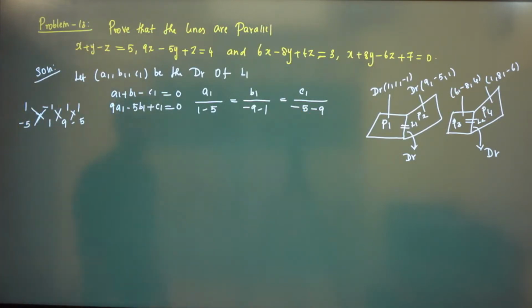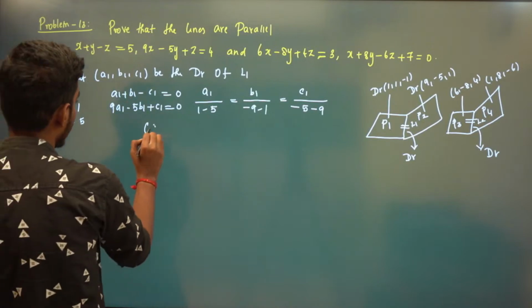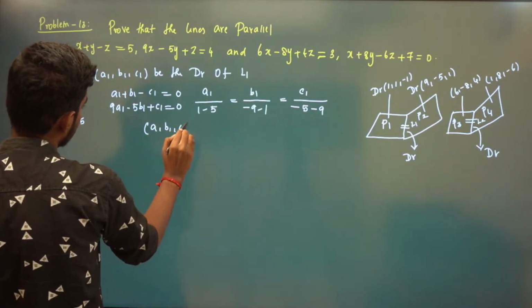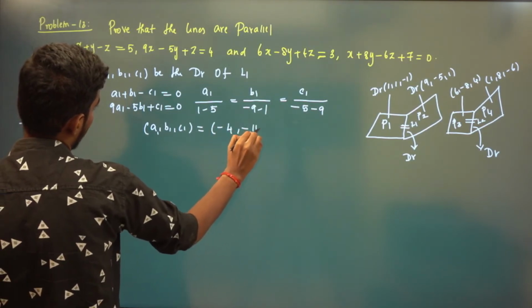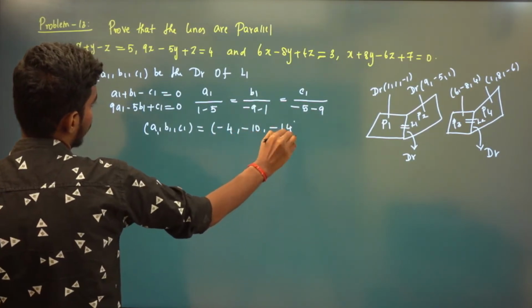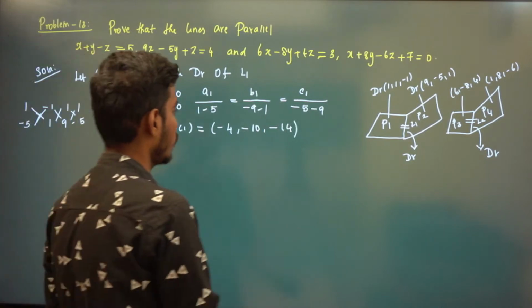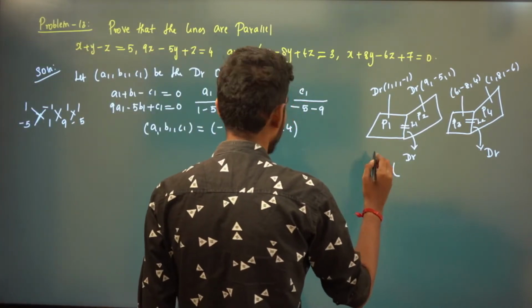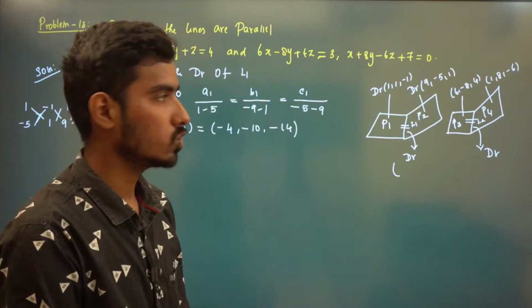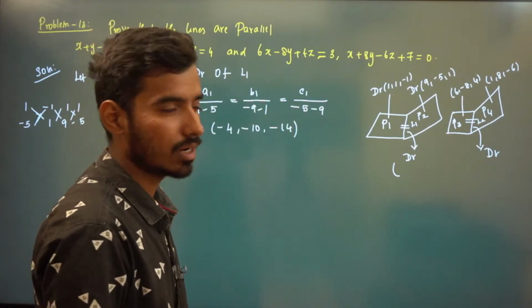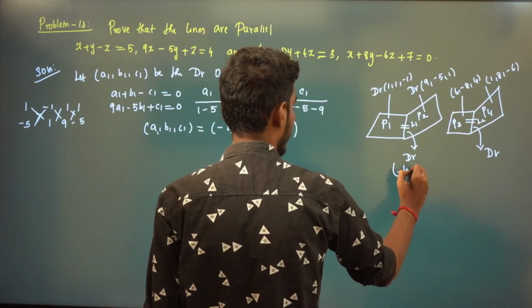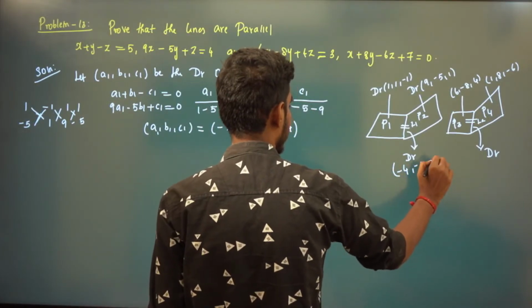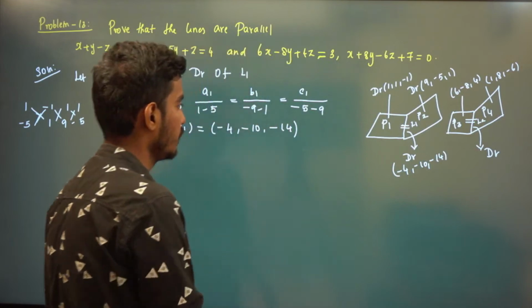So one of the direction ratios A1, B1, C1 is minus 4, minus 10, minus 14, right? This is the direction ratio of this. Any number that is proportional will also be a direction ratio, right? I'm not putting that equal to k and all. I'm finding one of the direction ratios. So minus 4, minus 10, minus 14.